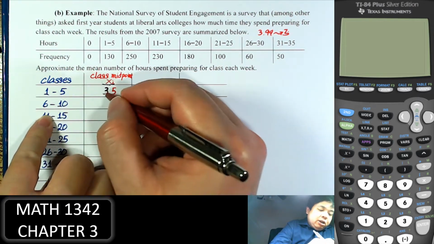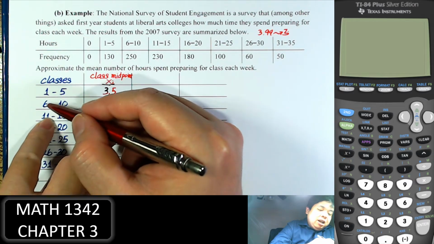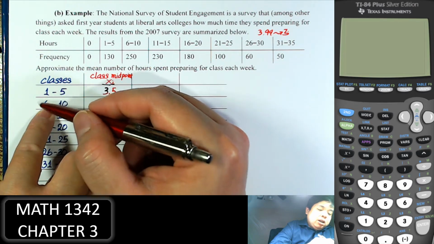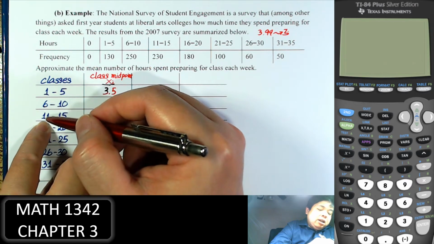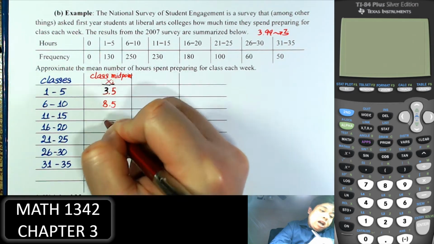Once we have that, we add 1 and 6, then 6 and 11, that is 17 divided by 2 is 8.5. So pretty much we just add 5 to it.